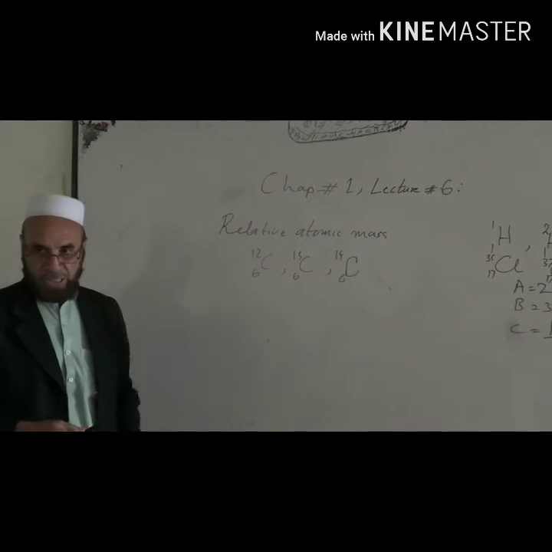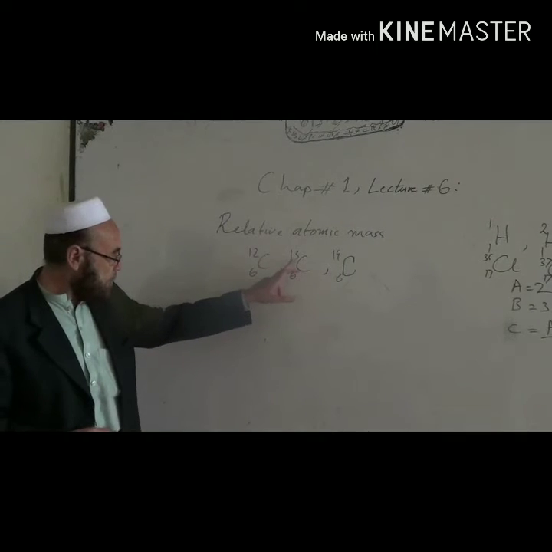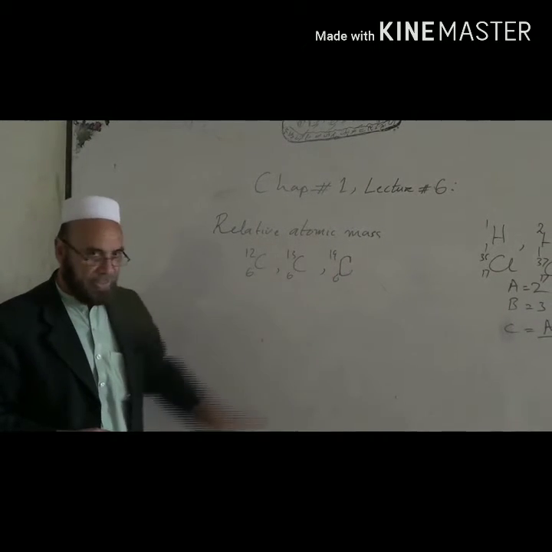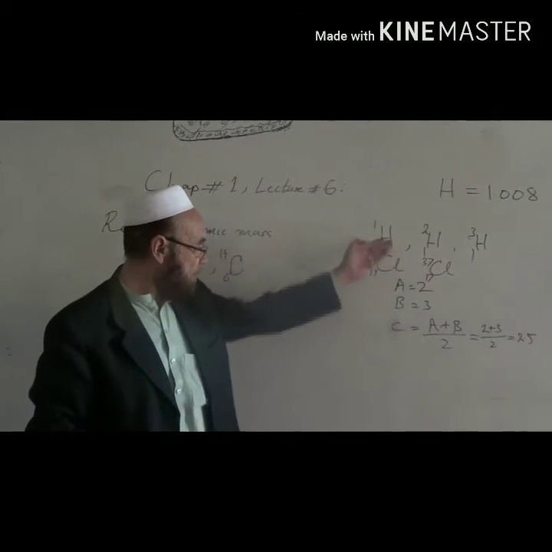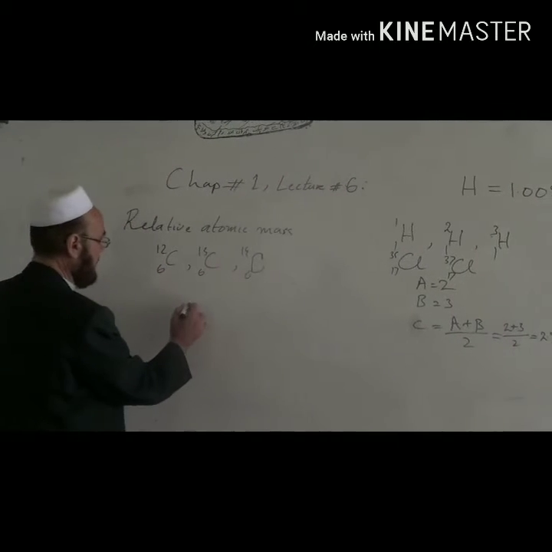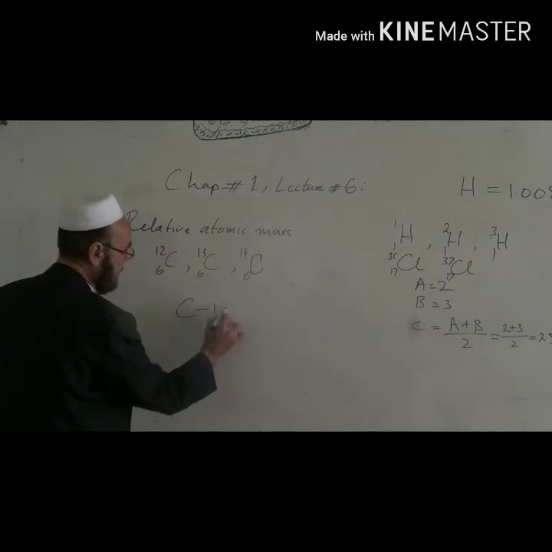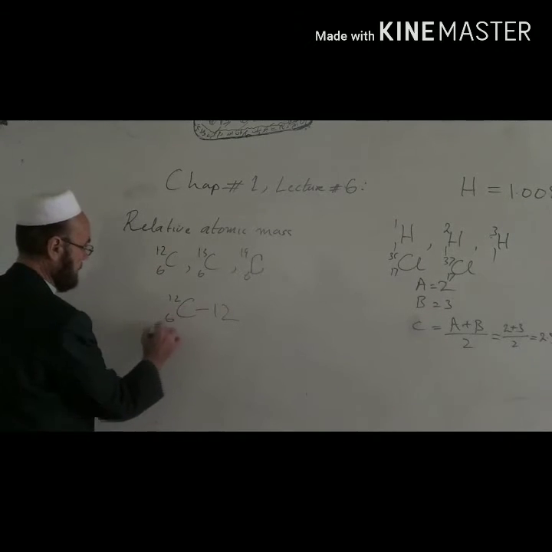These are the 3 different isotopes of carbon. It is not exactly 13 and it is not exactly 14. And just like hydrogen, they are not exact masses. The only exact mass that we get is for carbon 12, or carbon isotope 12.